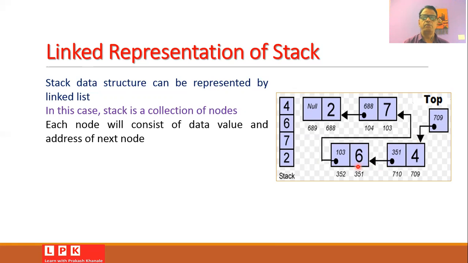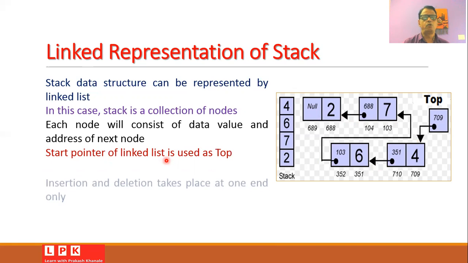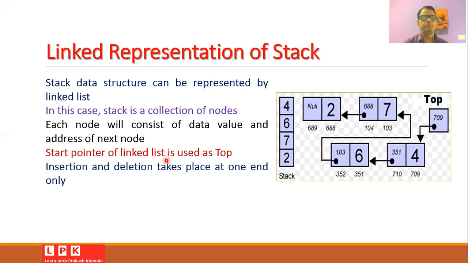The next element will be 6. Then it will point to the next element 7. And then it will point to the last element 2. And the pointer value of the last element will be assigned a null value. So the start pointer of any linked list can be used as a top pointer or stack pointer.